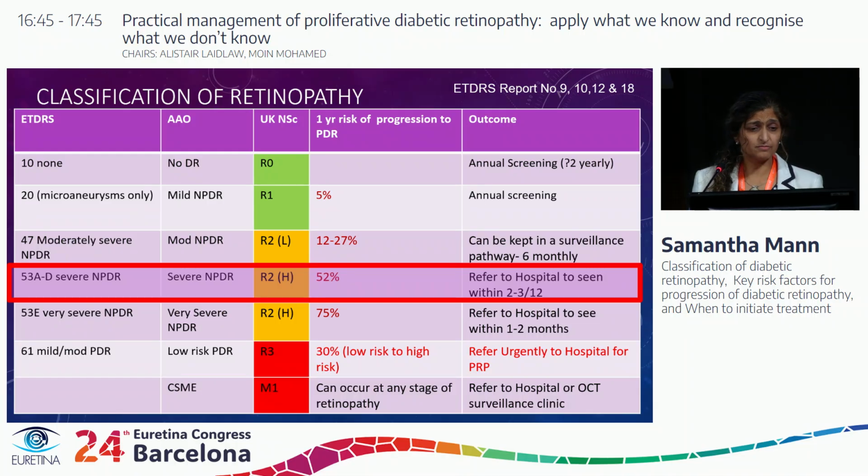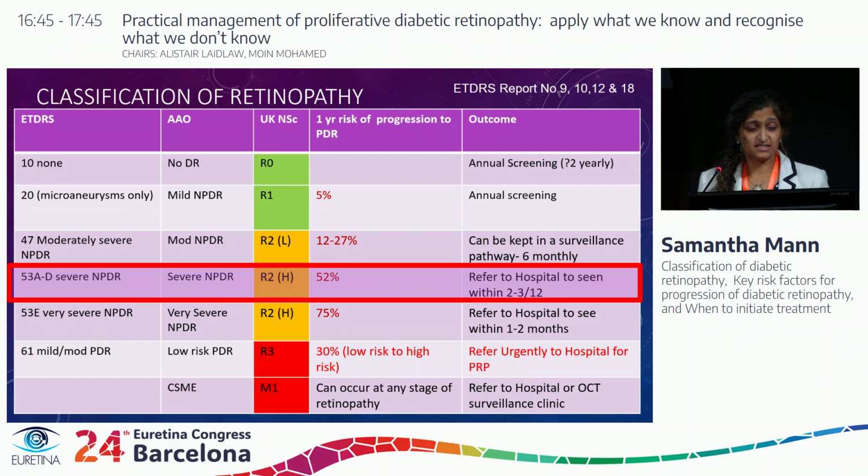Classifications, there's a whole range of them: the AAO, ETDRS, UK. The UK has its own bespoke national screening programme classification. But with all of these, it's essential to work out which stage the patient's at, so you can then give them some prognostic information about their progression to proliferative retinopathy.